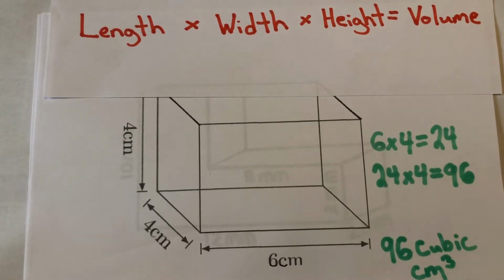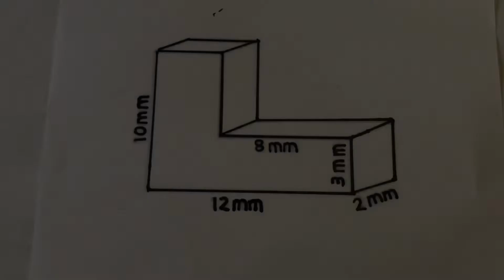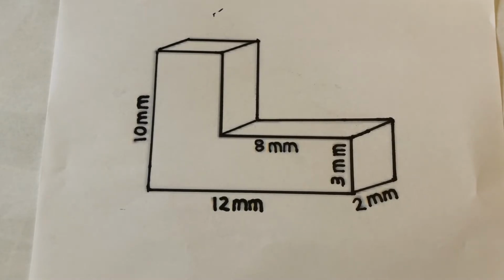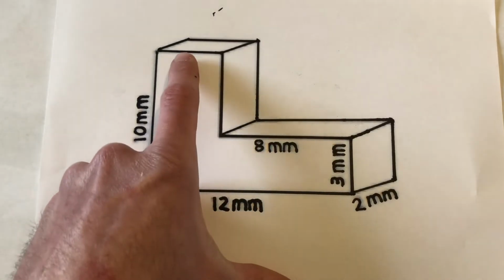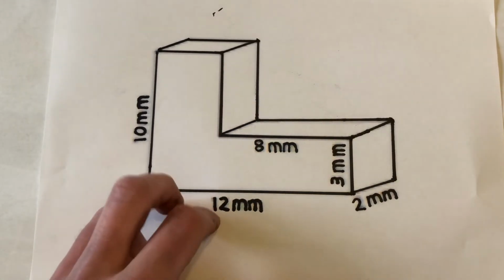Okay, so now let's look at a more complex shape. This one we may have to break up into separate prisms. So here are 2 rectangular prisms connected, and we've got some missing values for some of the sides.